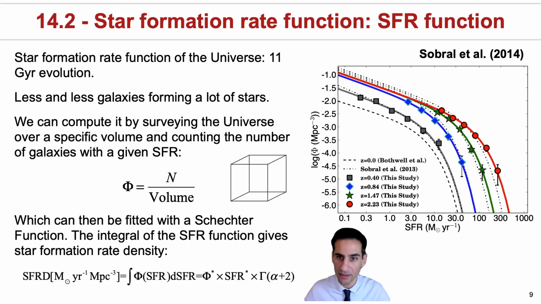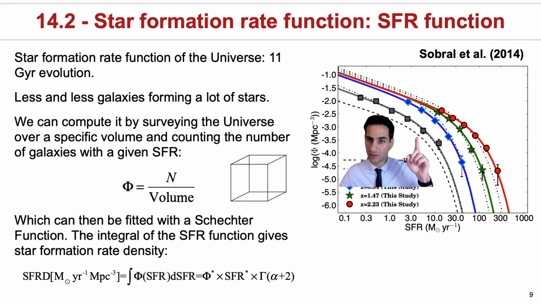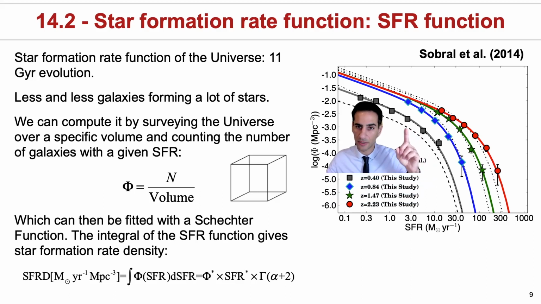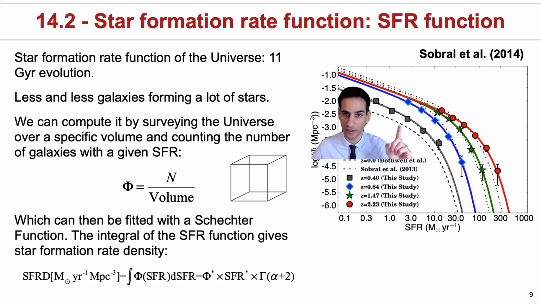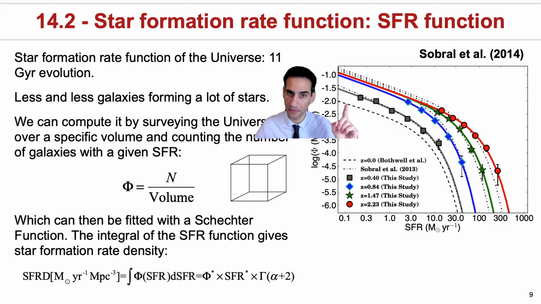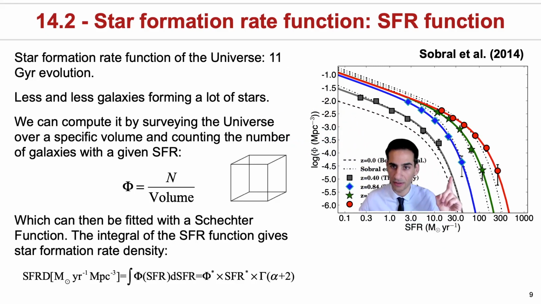Now, by determining the star formation rate function for different redshifts, what we've been able to find is that at redshift 0, so this is the local universe, this is where the typical star formation rate of a galaxy is. It's about 3 to 5 solar masses per year. And remember that as a Schechter function, this is a power law, essentially described with the power of alpha, and then there's the exponential decline over here.